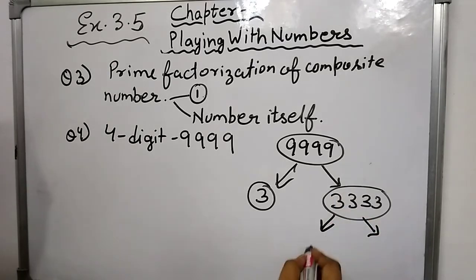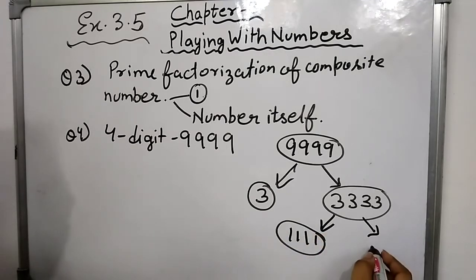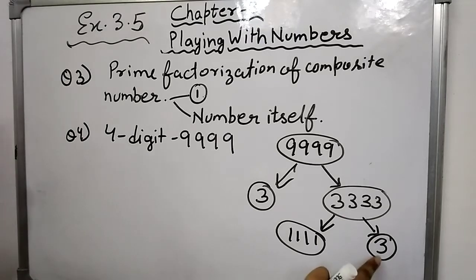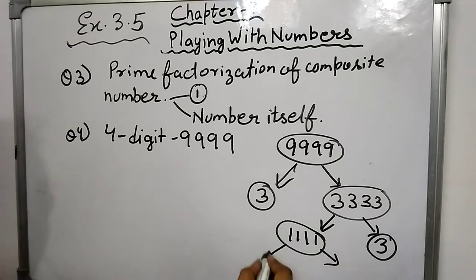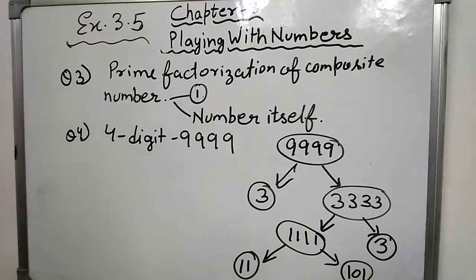On factorizing it further, we get 1111 and 3. So this 3 is again a prime factor, so this will not go further, but we can factorize this further as 11 and 101.